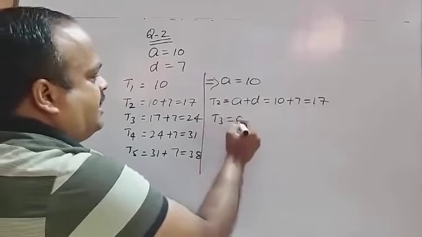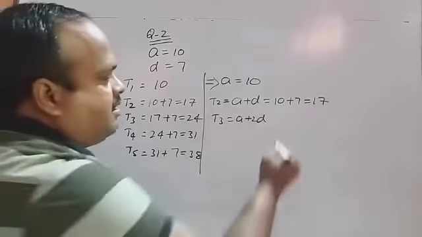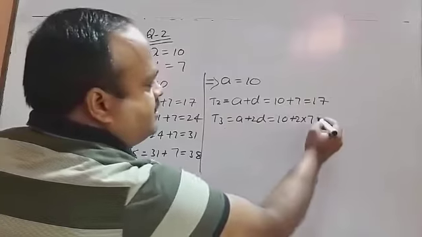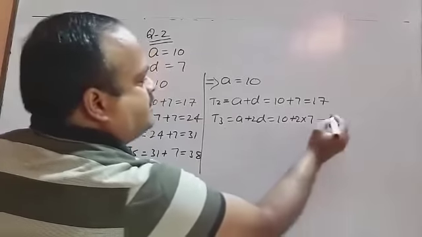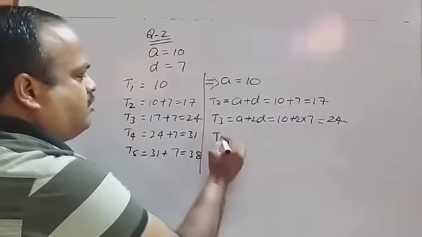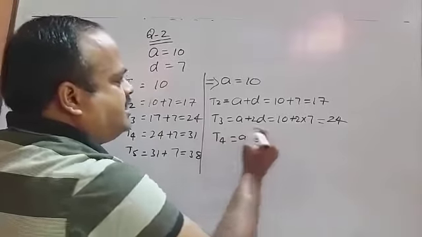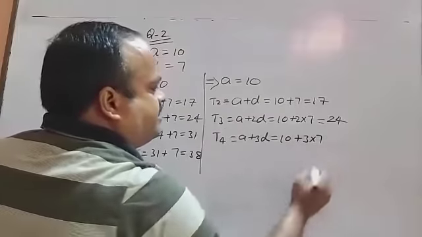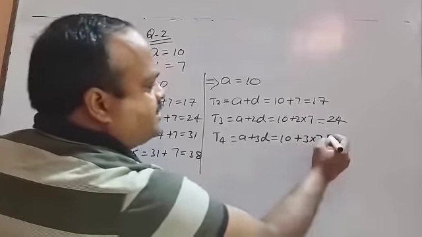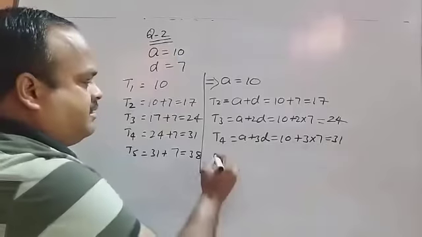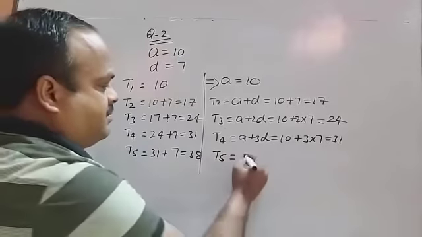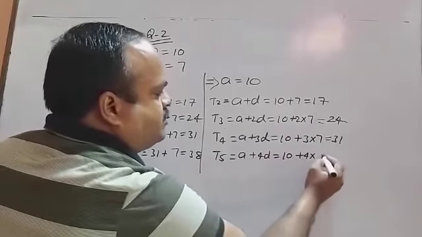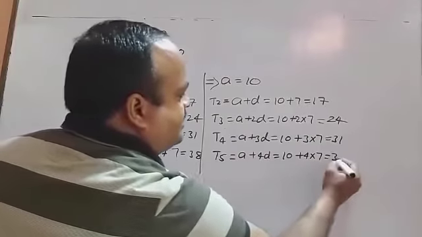T3, a plus 2d. a is 10, 2 into 7, 14, plus 10, 24. T4, a plus 3d. So a is 10 and d is 7. 7 times 3 is 21, 21 plus 10, 31. T5, fifth term, a plus 4d. a is 10, 10 plus 4 into 7, 28 plus 10, 38.